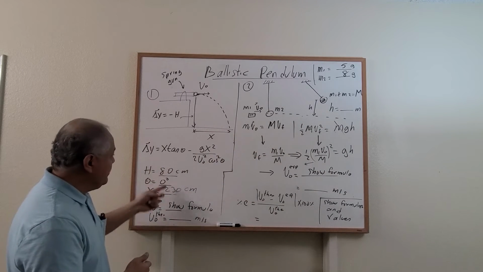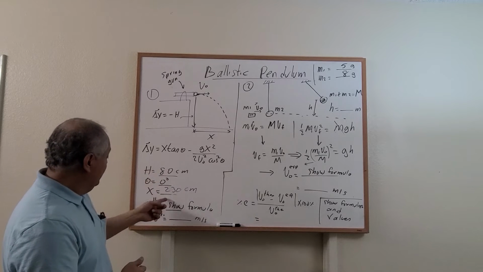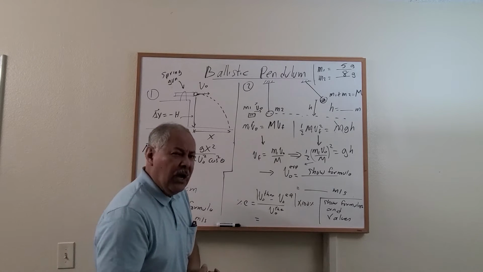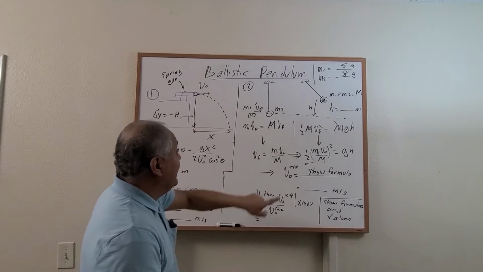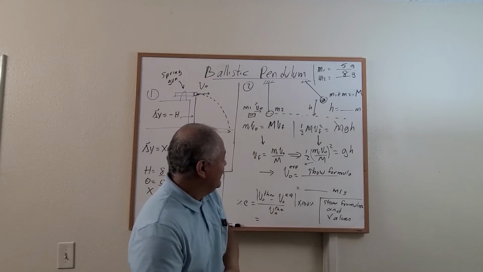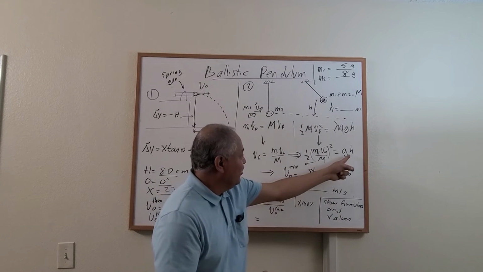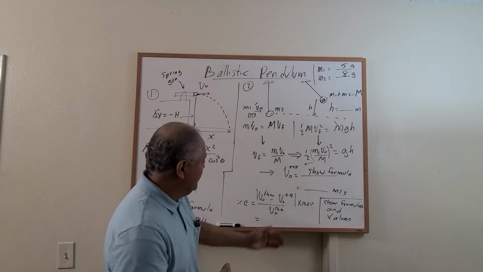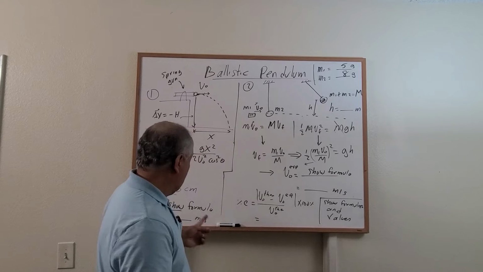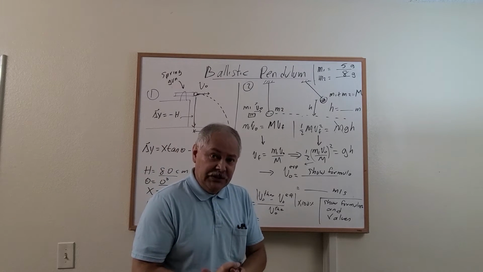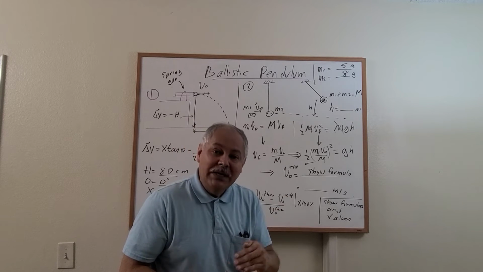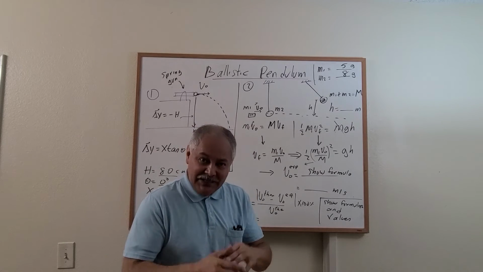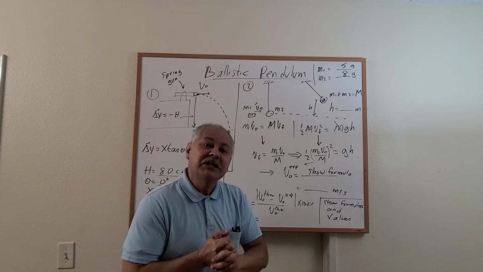We're going to do the measurements right here for height, for x, and then you have to measure this new height right here, to be used in the formula right here. Then do the calculations and compare these two initial velocities. We expect a percent error below 10% to have an acceptable experiment.